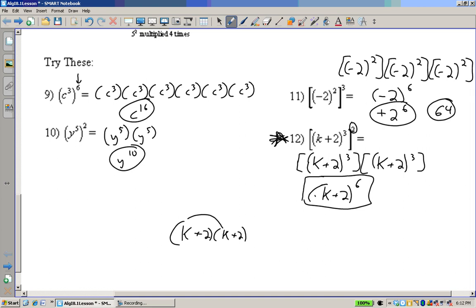You have to do k squared plus 2k plus another 2k plus 4. And that's just doing it 2 times. You have to do this process 6 times. We don't have the math knowledge yet to deal with this. So if we see something like that, at this point, we just simply leave it alone.